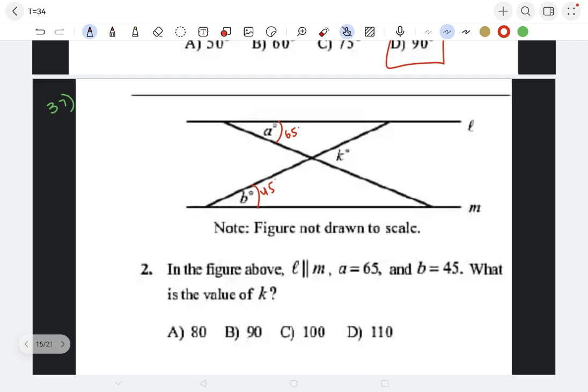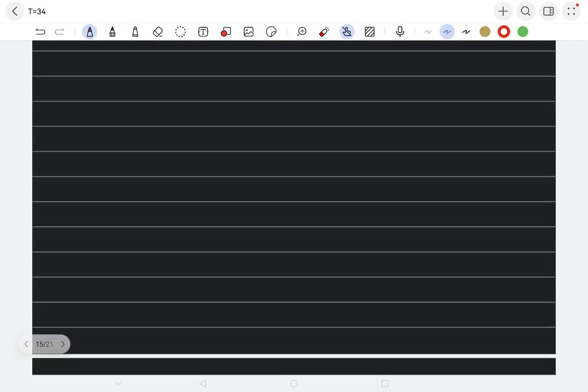Or you can even draw a line in the middle if it seems more comfortable to you. This is 65, this is 65, and again it's a Z. If it is 45, it is 45, and now they both are vertically opposite angles. So K equal to 65 plus 45, and it will be 110. So your answer will be 110.